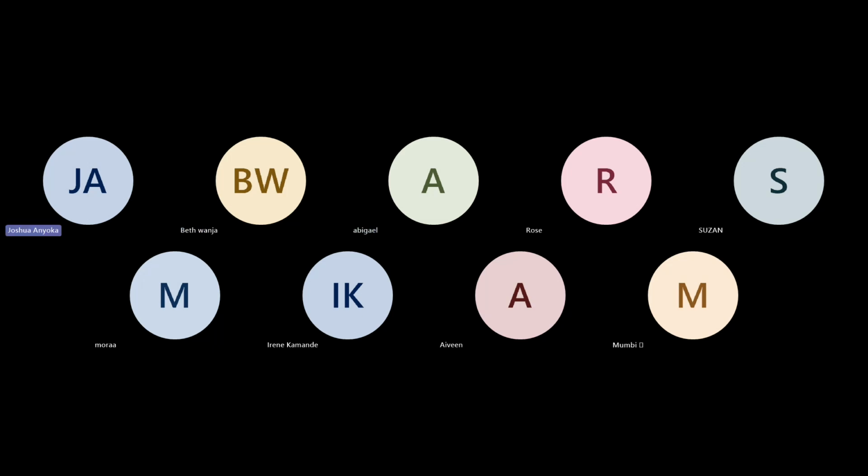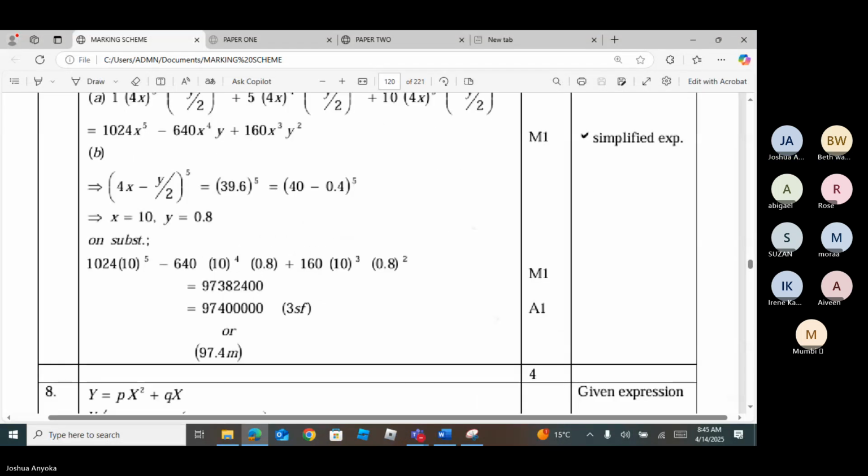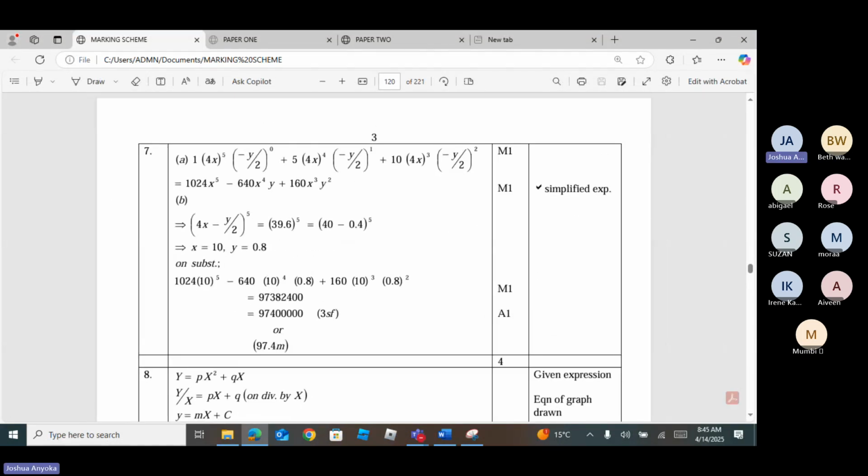You say the answer is big. Let me show you the answer, maybe from our marking scheme. Have I shared the answer? Yes. Our marking scheme says what? Part A: 97,382,400. And what is your answer? 97,383,424.